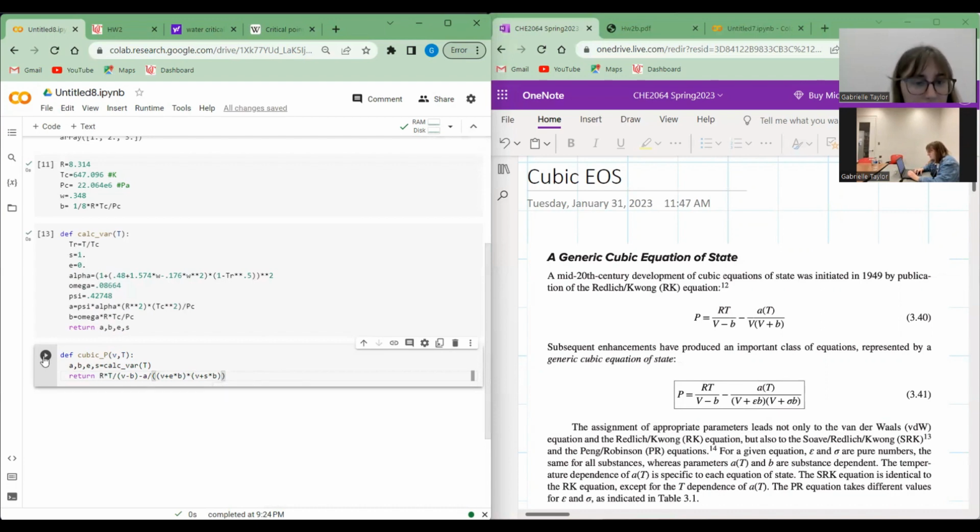Okay, so I double checked it, and let's see what this does. So it gives us it.